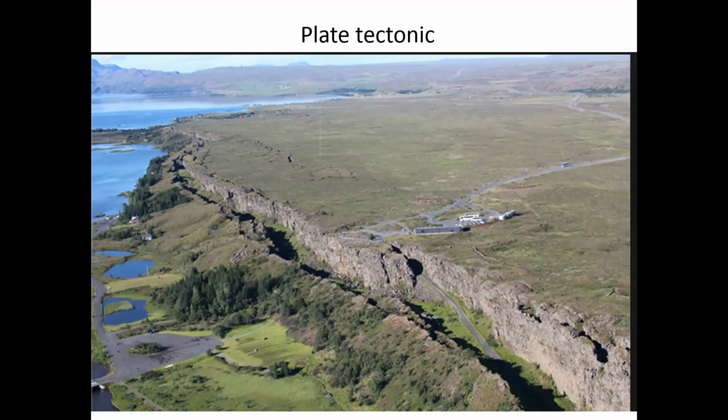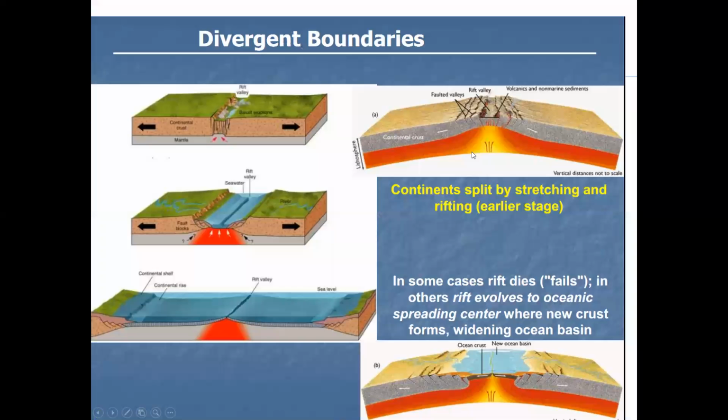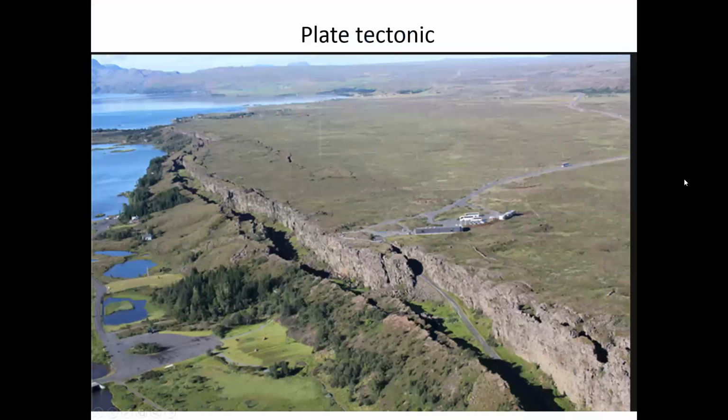Again, just to give an example, this is Iceland. I already talked about Iceland being located along this oceanic ridge. Now, what you see here is that if you go to Iceland, you have two plates moving away from each other. You have the North American plate moving in this direction.